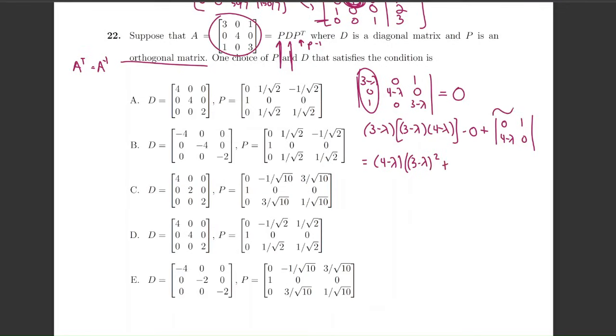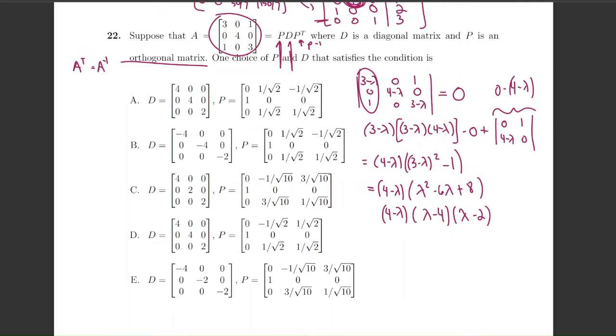And this determinant ends up being 0 minus 4 minus lambda, which is just minus 1 then here. Okay, so 4 minus lambda, lambda squared minus 6 lambda plus 9 minus 1 is 8. So this gives us 4 minus lambda times lambda minus 4, lambda minus 2. So our eigenvalues are going to be 4 and 2.